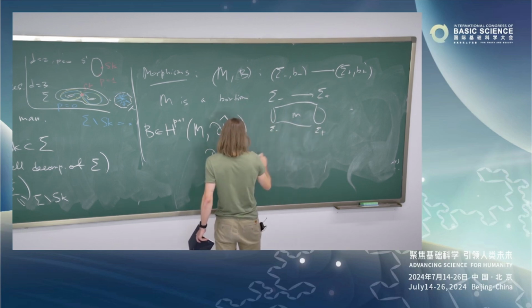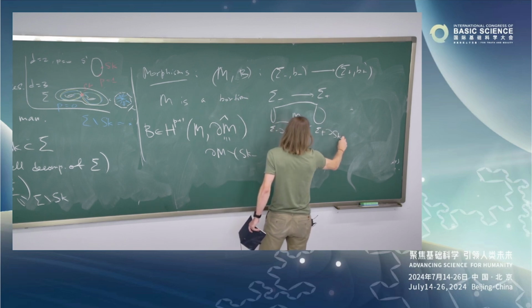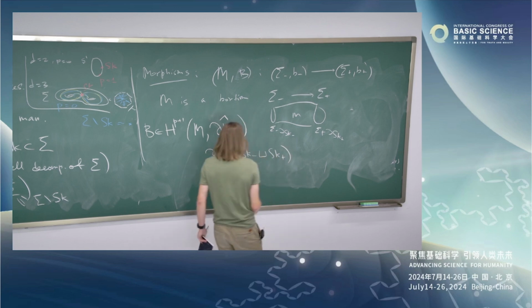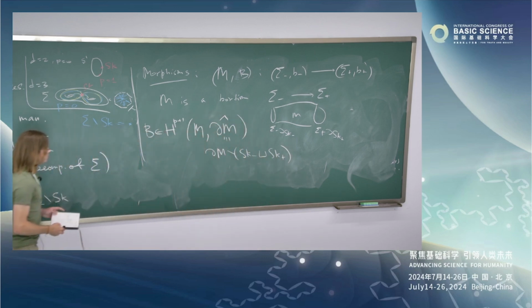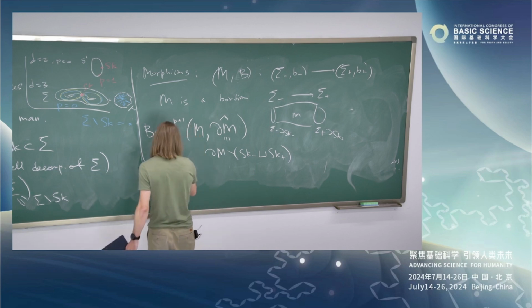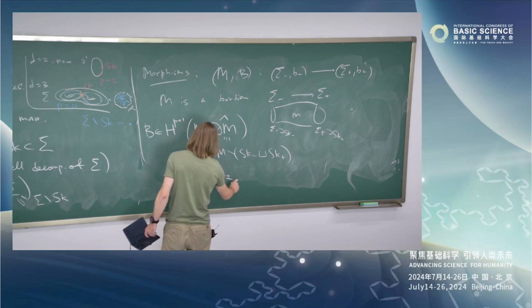So we have here, let's say, the minus skeleton, which is the plus skeleton. So we remove it. And we need the condition that the restriction to the boundary is equal to b plus, b minus.